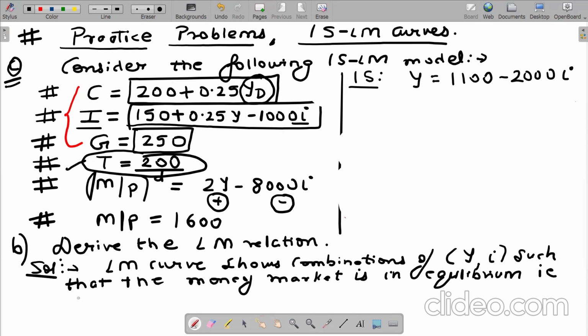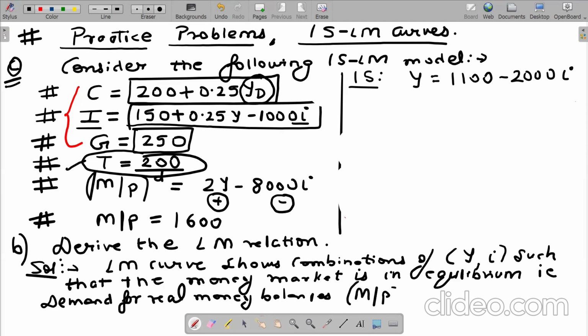I can write that the money market is in equilibrium when demand for real money balances, which is M by P D, is equal to supply of real money balances. Supply of real money balances is captured by M by P.